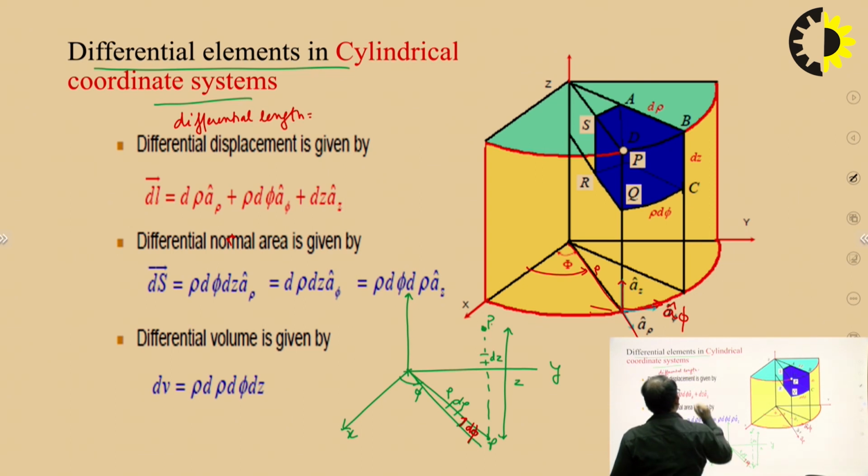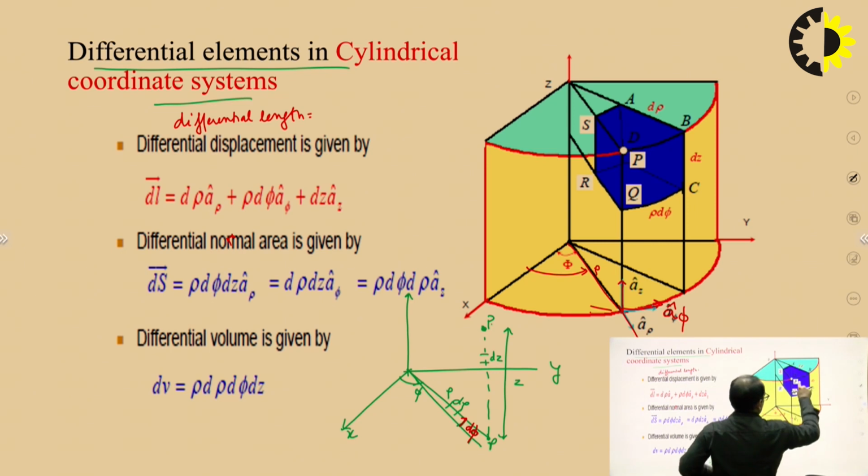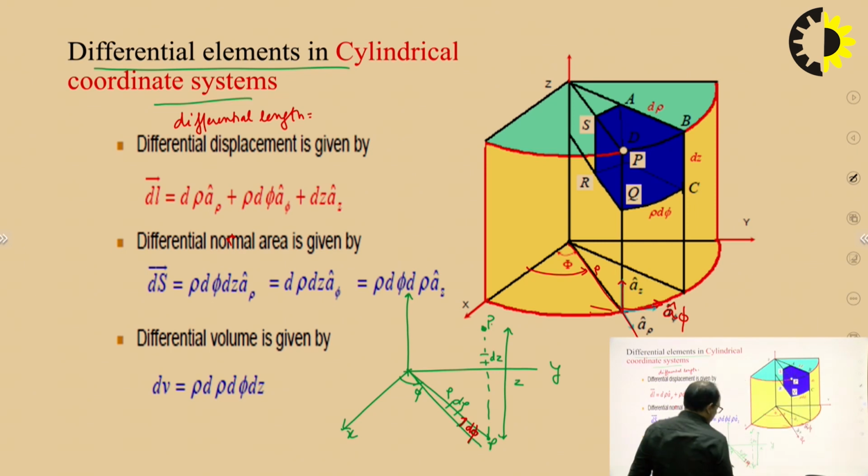Now see, first of all talk about the differential length. Length at this point P will be equal to what? d rho a cap rho plus dz a cap z, and this differential length will be this one.